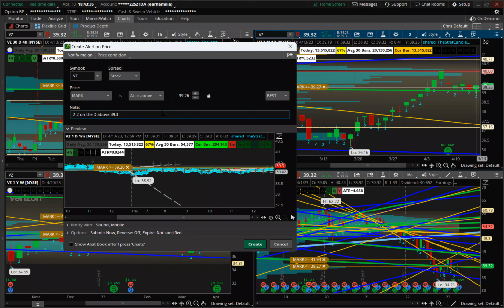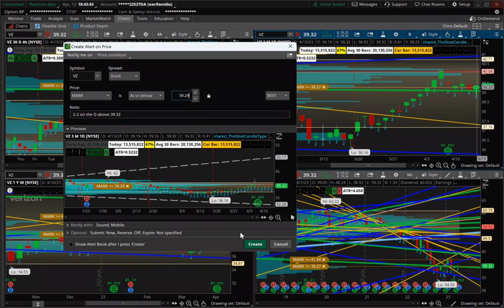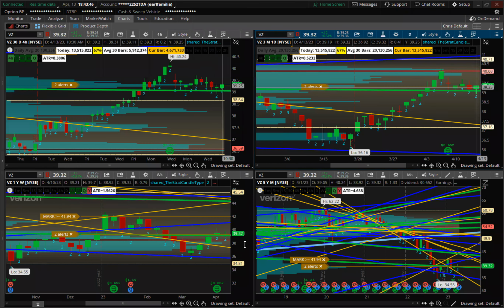You don't want to just jump in for the sake of it. Make sure it's triggered. You should see the 4 hour hit right when the day hits; they should hit at about the same time. So that's Verizon. All right, we'll keep it going.